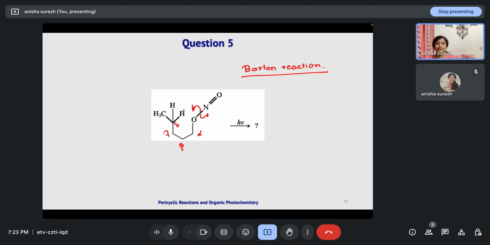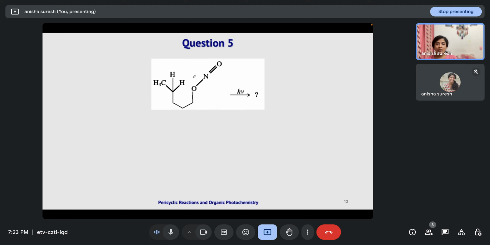Okay, now let us draw the mechanism for the reaction. So under photochemical condition, this ON bond will cleave homolytically, leading to formation of CH3 O radical and NO radical.